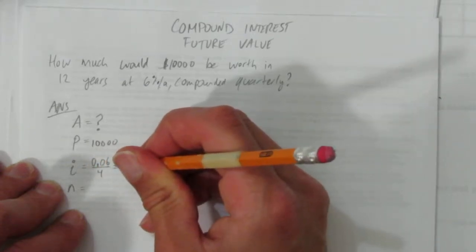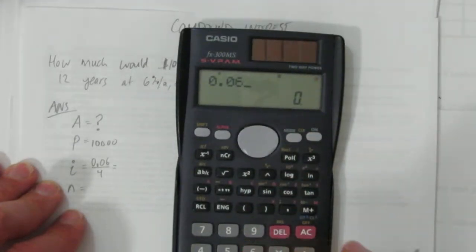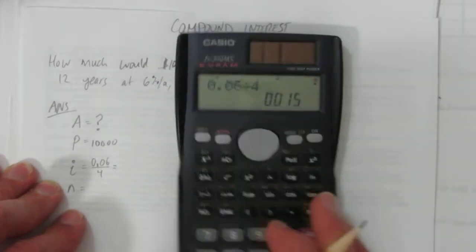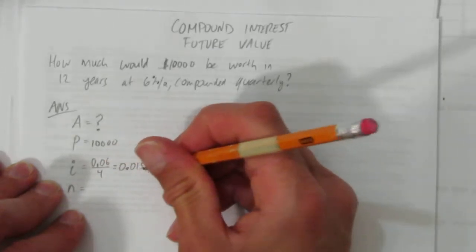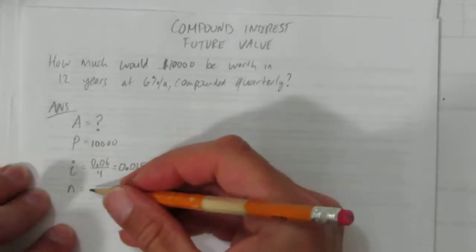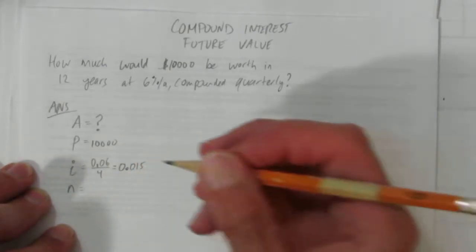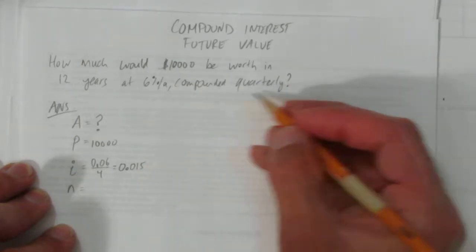What's 6% split into 4 parts? You can do it in your head, do it on a calculator. 0.06 divided by 4, you get 0.015. That's your interest, 1.5%, 4 times a year. So the N value is not years, it's how many total times you get interest compounded.